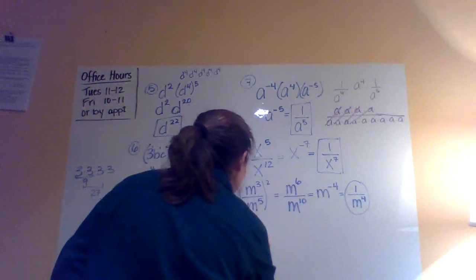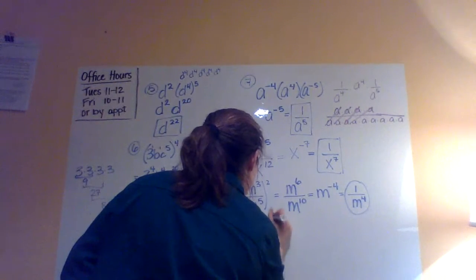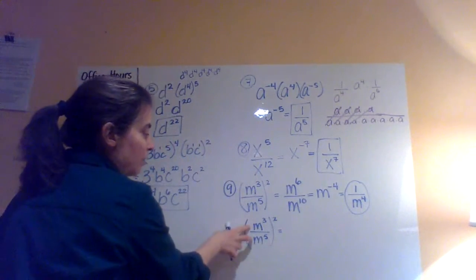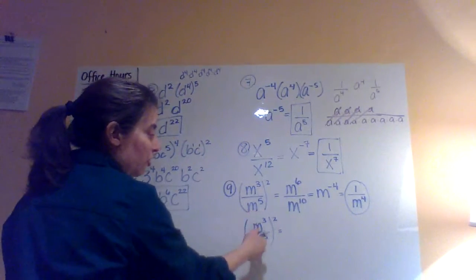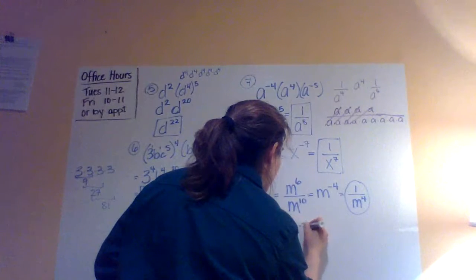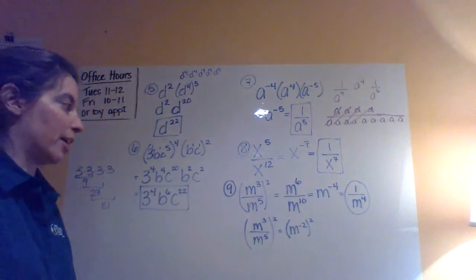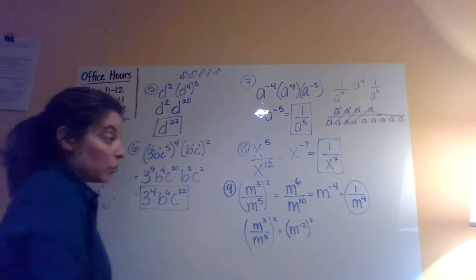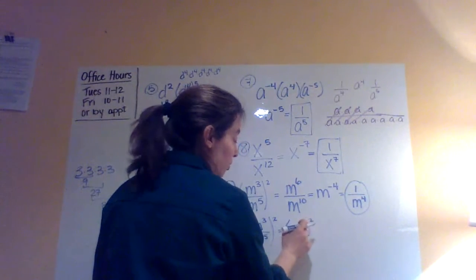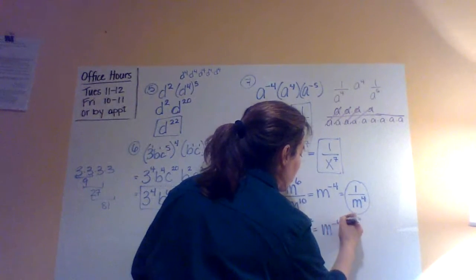Okay, I also could look at what's inside the parentheses first. And I could say, well, m to the third over m to the 5th, those are like bases. I know from the quotient rule that I can subtract those. And I would get m to the negative 2nd. And then one thing I could do from here is to now use the power rule, multiply these and get m to the negative 4th.